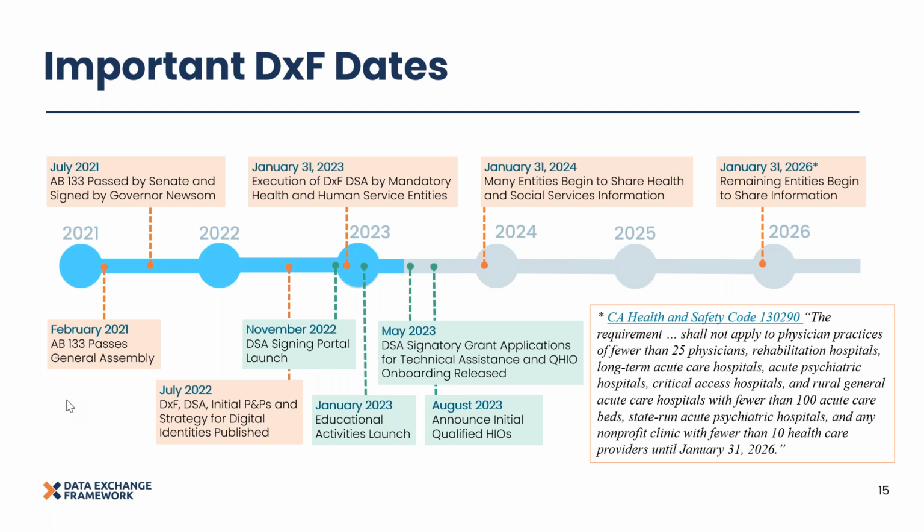They are all of the entity types that are specifically called out in the legislation that have until January 31st, 2026 to begin exchange. They were not carved out or called out regarding signing this year, January 31st, 2023. So that has confused a lot of folks: everybody who's listed as required must have signed by January 31st, and then these ones that were called out specifically have until 2026 to begin exchanging.